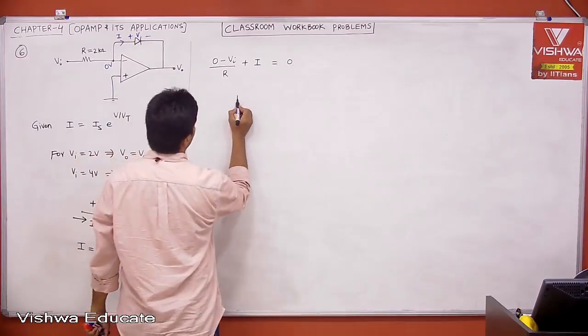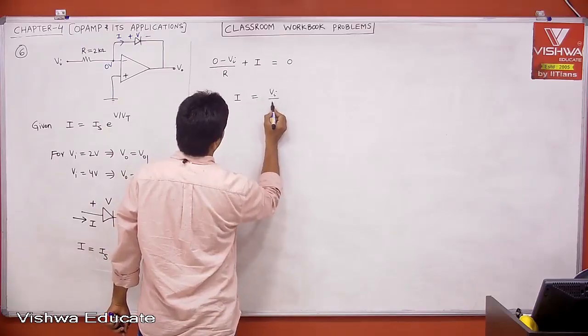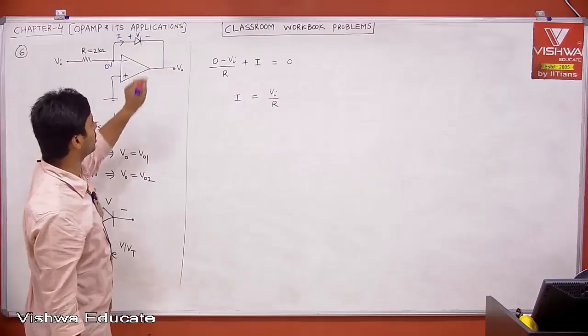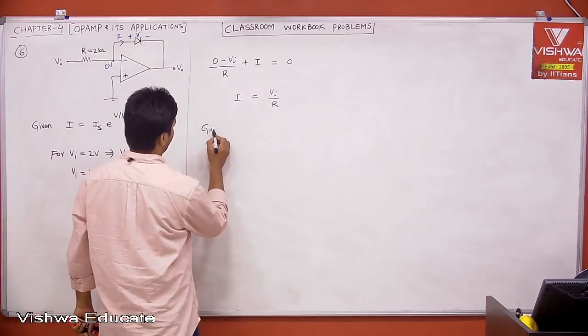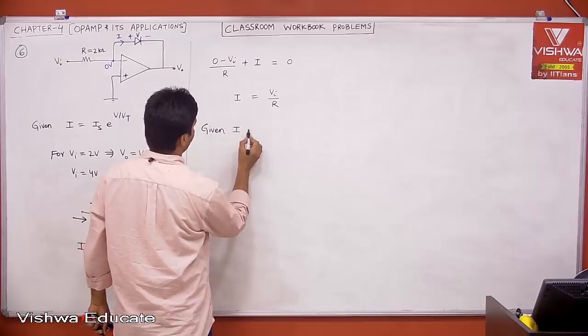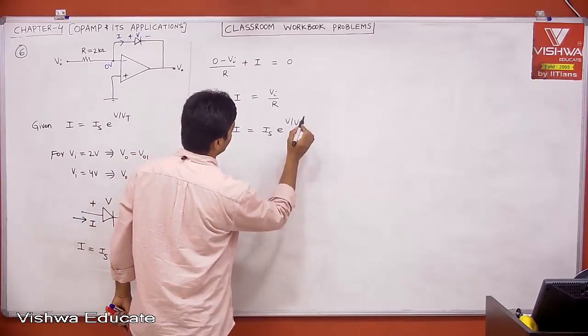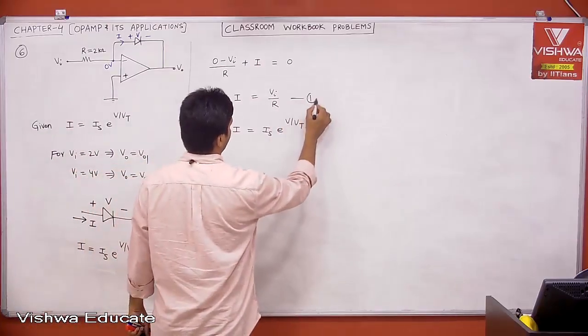Therefore, I is equal to Vi divided by R. But what is I? I is the current which is flowing through the PN junction diode. That is given: I is equal to Is into e to the power of V by Vt. Therefore, this is equation 1.